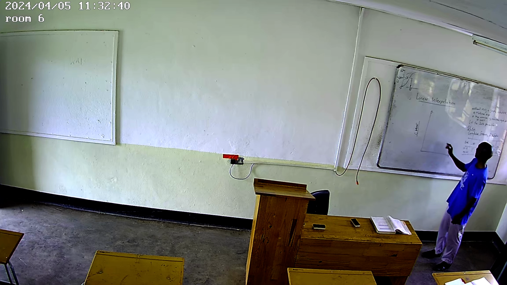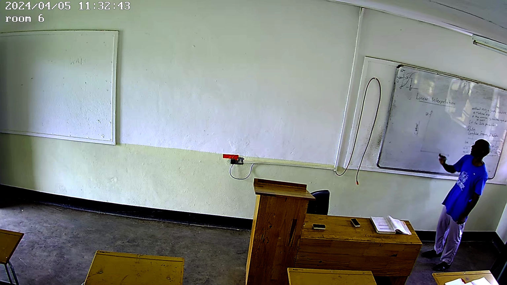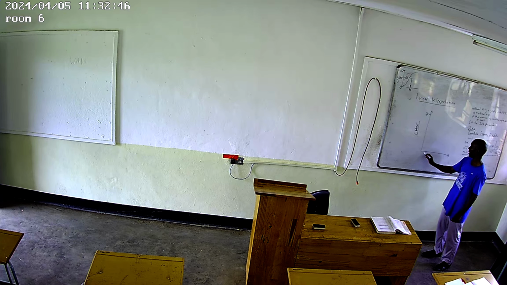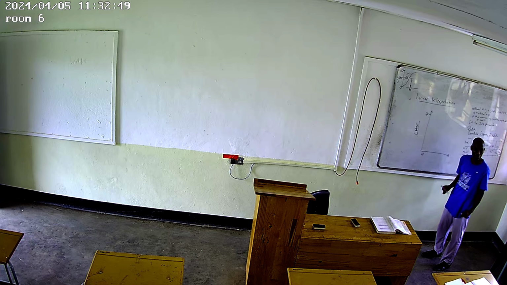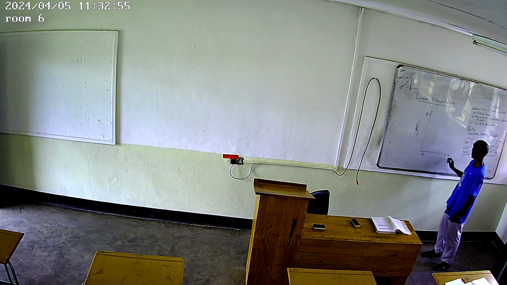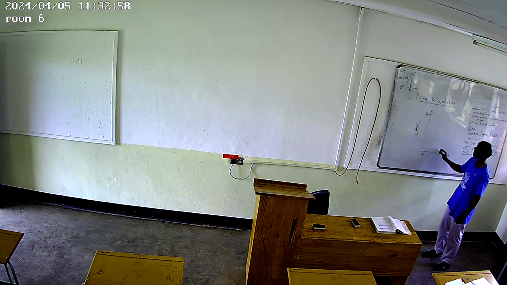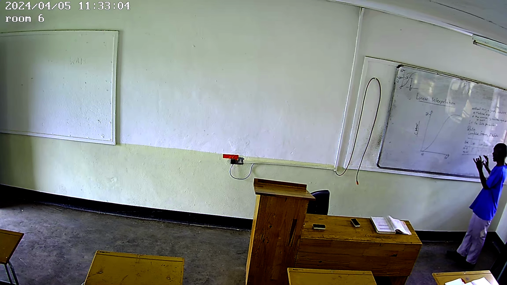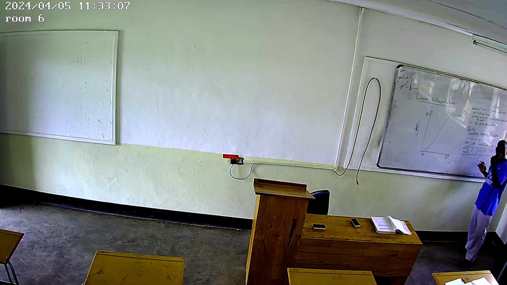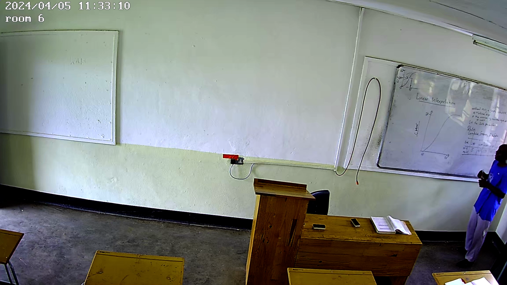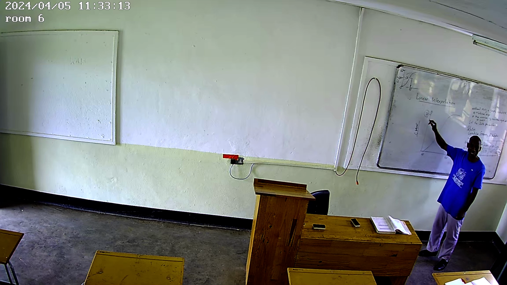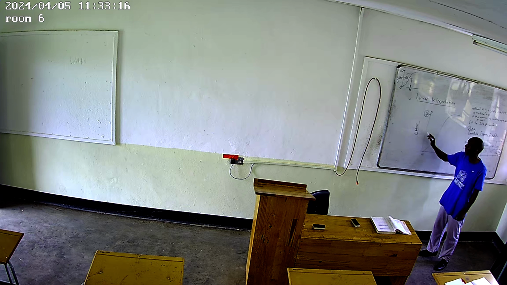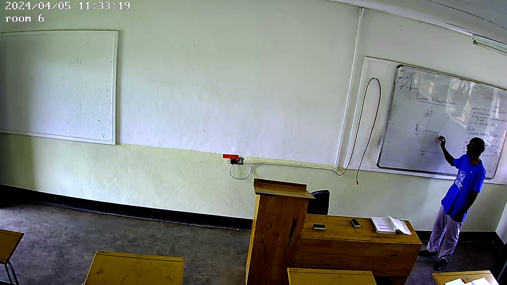The last number here is what? 160. Then the median is half of this one, 160, which is 80. Then we move to the median.